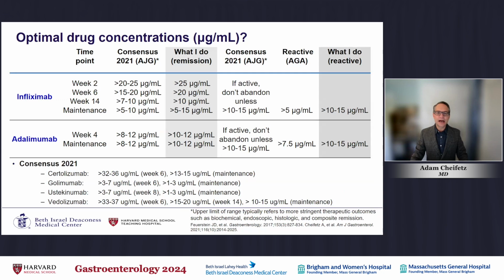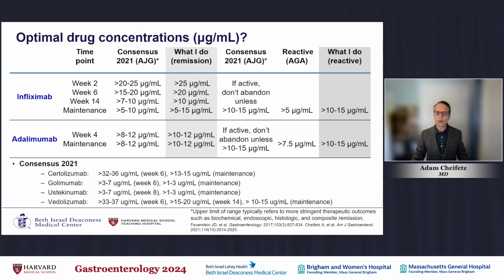Hopefully you'll like this slide. This is optimal drug concentrations. And again, you can see here the focus is really on infliximab and adalimumab, though I do touch on the other anti-TNFs and at least two of our more novel agents. And you can see here, really focus on the consensus statement from the AGA.